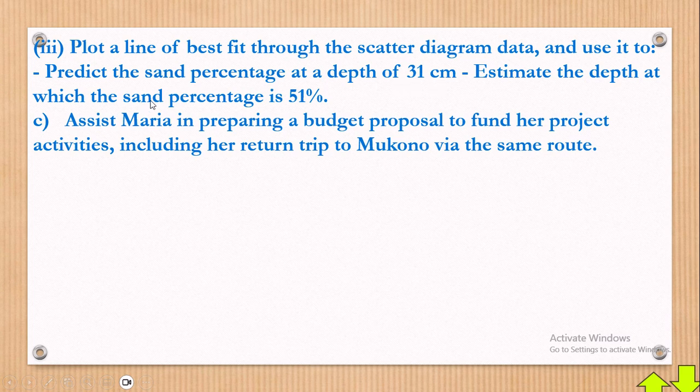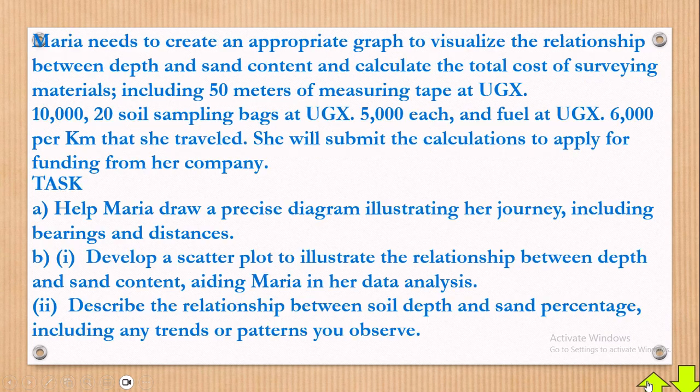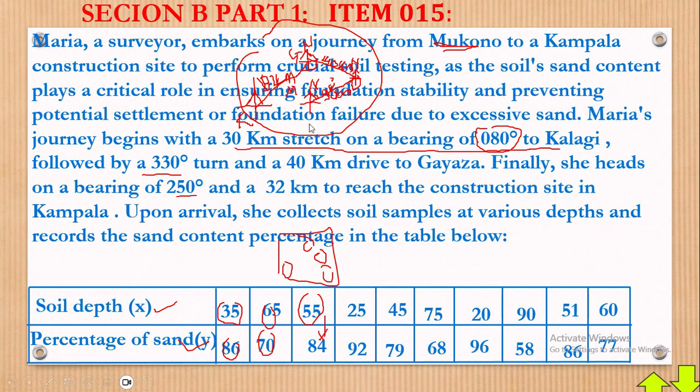Estimate the depth at which sand percentage is 51%. Lastly, assist Maria in preparing a budget proposal to fund her project activities, including her return trip to Mukono via the same route. So it means that Maria had to use the same route in the long run. She moved from here, up there, back there, and down. So she must go back in that very route.